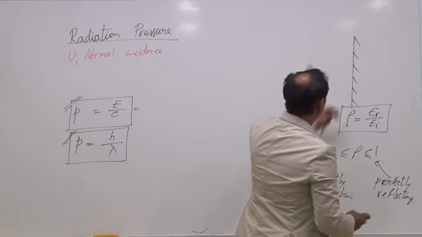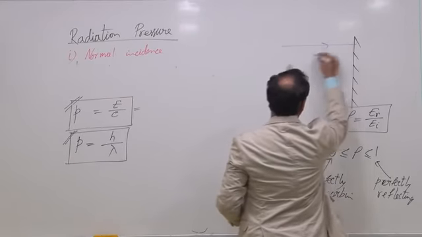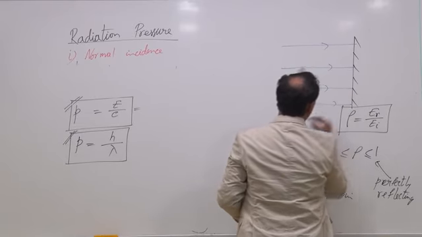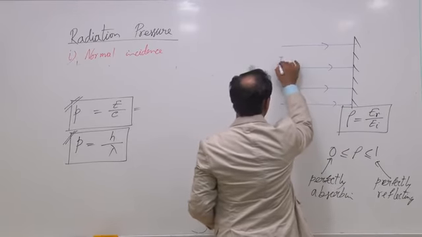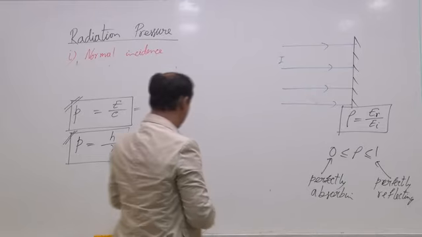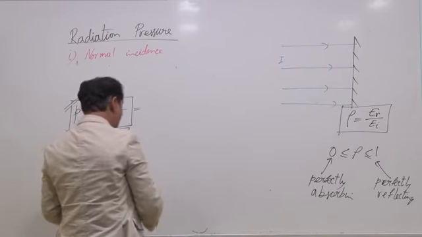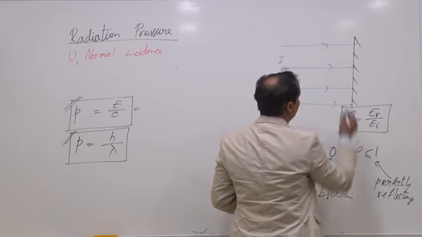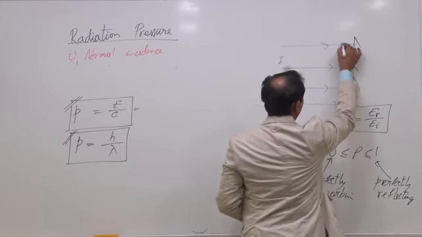So we consider a surface on which a parallel beam of light is incident normally. I is the intensity of light, and as it is incident normally, it also gets reflected normally.